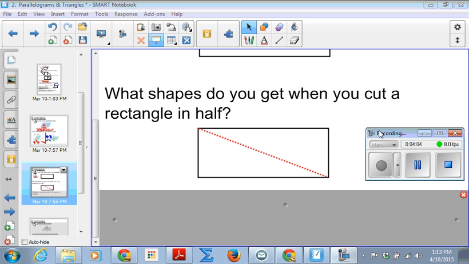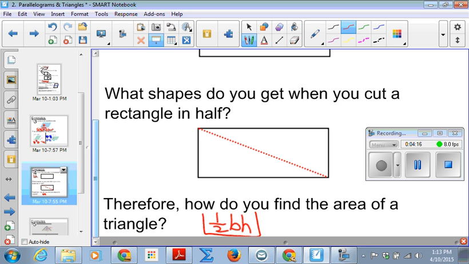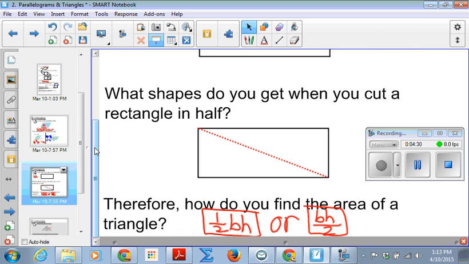So cutting a rectangle in half gives us triangles. So the area of just one of these triangles is 1/2 the base times the height. That's all we've got to do. 1/2 times base times height. Another way of saying it, you could do the base and the height, divided by 2. Either way you want to think of the formula, it works the exact same.